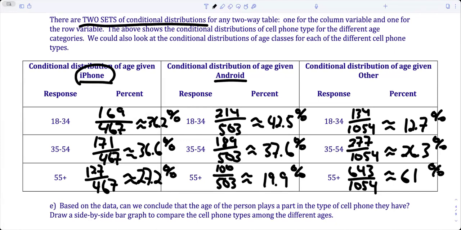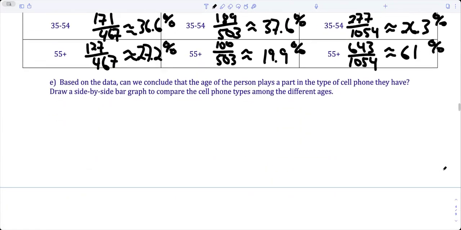Marginal distribution, we are looking at the totals there. Let's go down here and answer this last question. It says, based on the data, can we conclude that the age of a person plays a part in the type of cell phone they have? Draw a side-by-side bar graph and compare the cell phone types among the different ages.